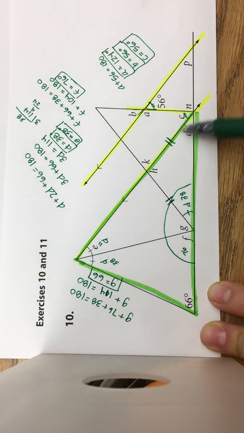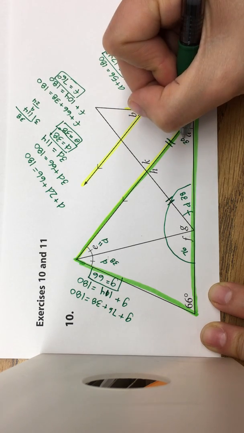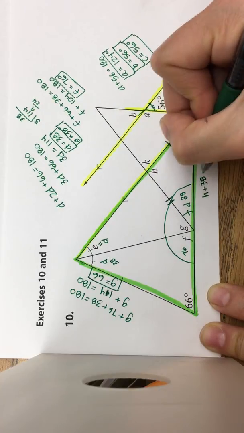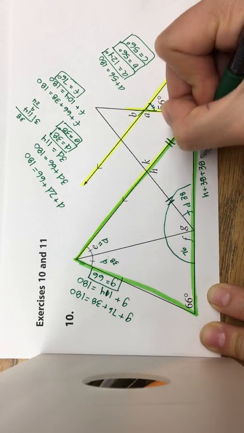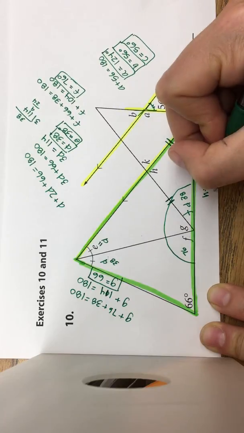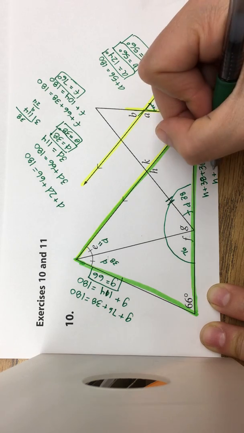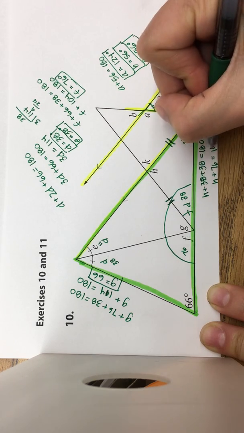And now I need H. H is the vertex angle of an isosceles triangle. So these two are both 38 degrees because they are the base angles. So we have H plus 38 plus 38 equals 180. So H plus 76 equals 180.